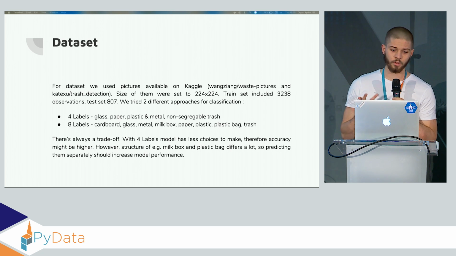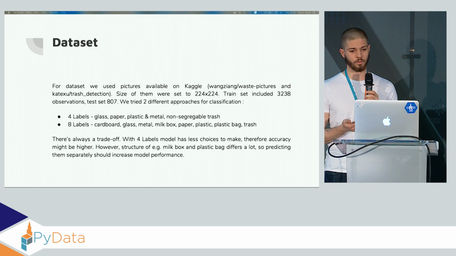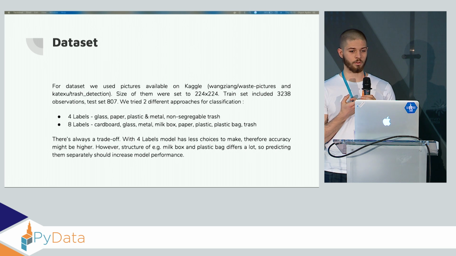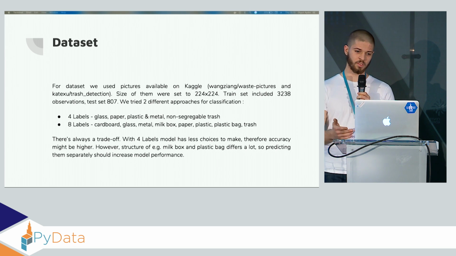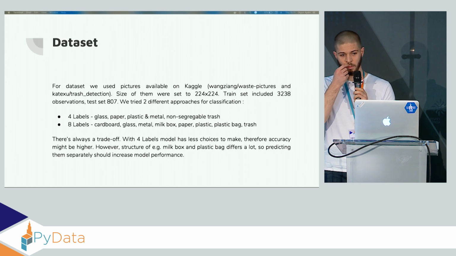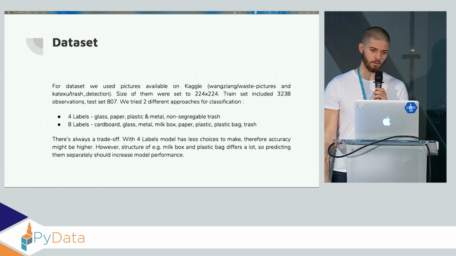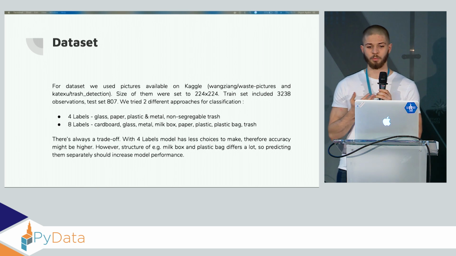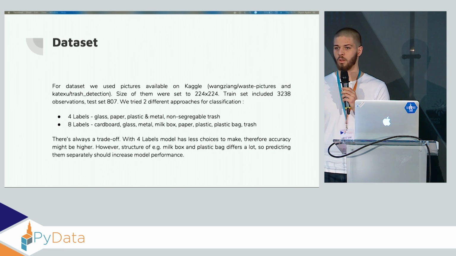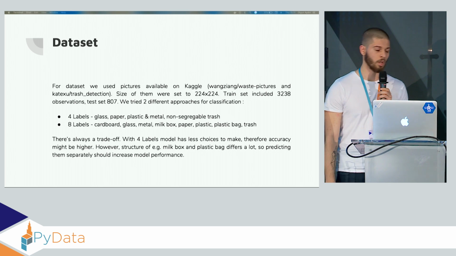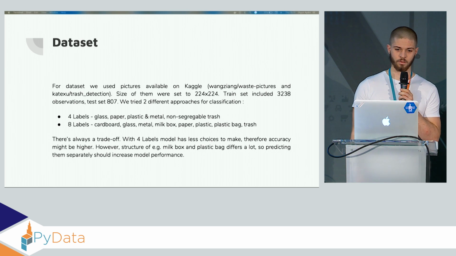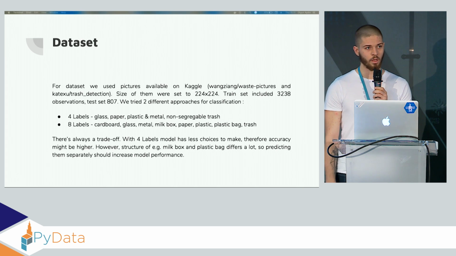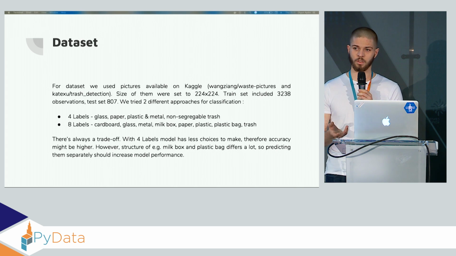And there were two different approaches to the classification problem. The first approach was to set the labels as we have on our trash bins, in Gdynia trash bins to be specific: glass, paper, plastic and metal, and the other non-segregable trash. But we are aware that for some classes, especially plastic, we have a couple of different objects that we can put there.